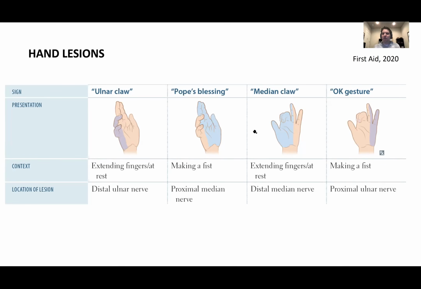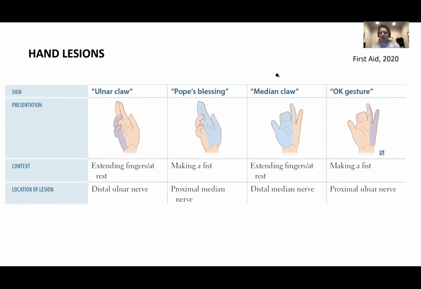Now, if they ask you about trying to extend the hand, you also can't fully extend the hand in either case. You may initially think this is a radial nerve injury, but remember those lumbricals help to extend the PIP and DIP. Okay, that's a little more advanced, but just in case they ask, the lumbricals are innervated by the median nerve, so you can't fully extend them.